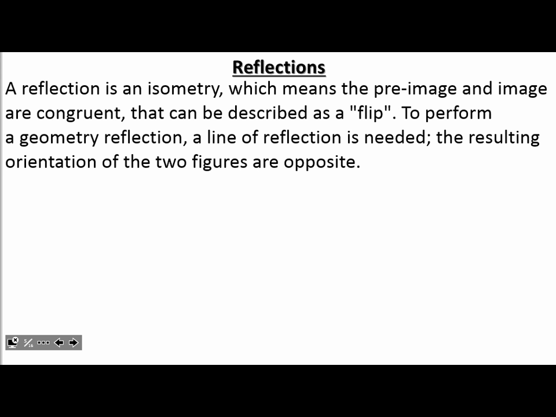I'll give you guys time to write it down. A reflection is an isometry, which means that the pre-image and image are congruent, that can be described as a flip.